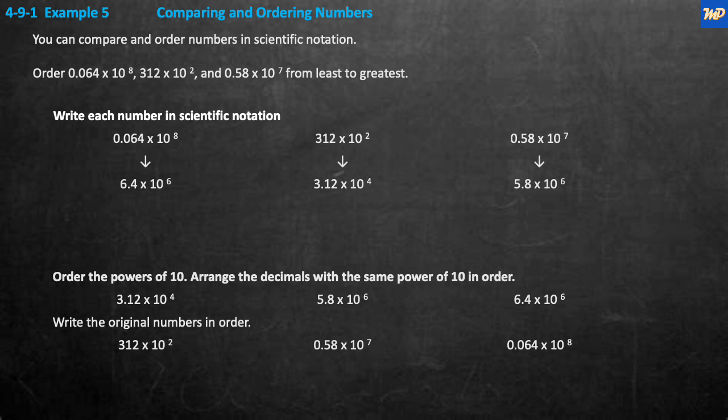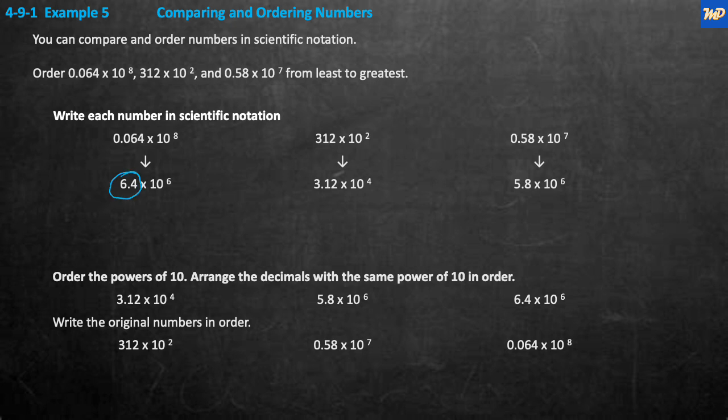So first of all, you write each number in scientific notation. So we take the 0.064 and write it as 6.4 times 10 to the 6th. How do we do that? The number we want is 6.4.